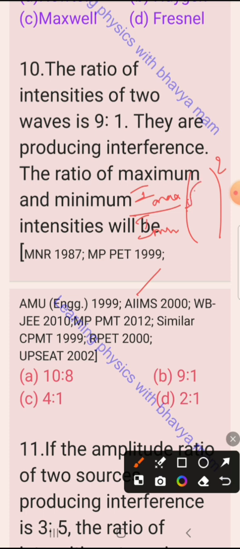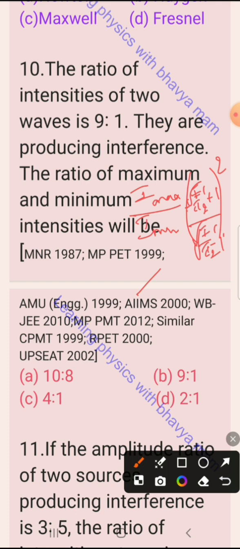First write square root of I1 by I2, and outside the square root write plus 1, divided by square root of I1 plus square root of I2 inside the square root, and outside the square root you write minus 1 whole square.